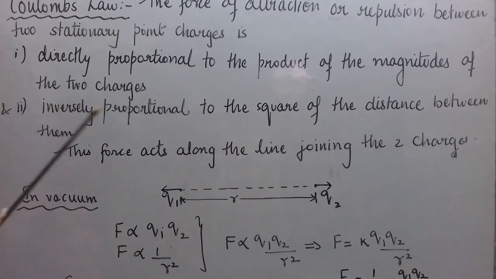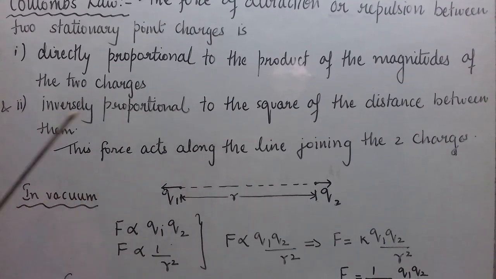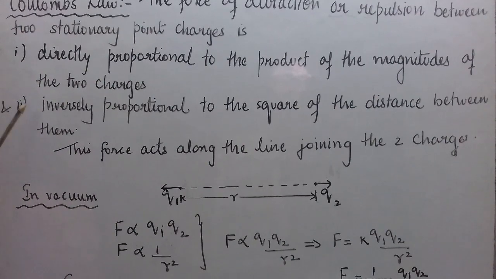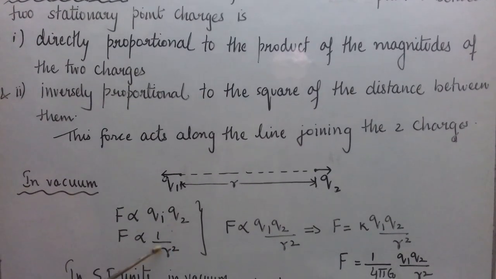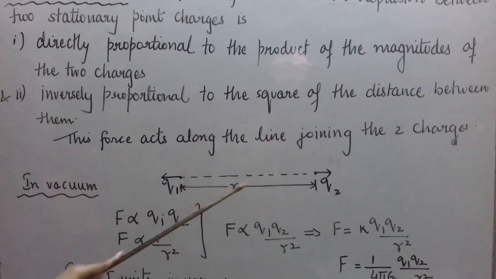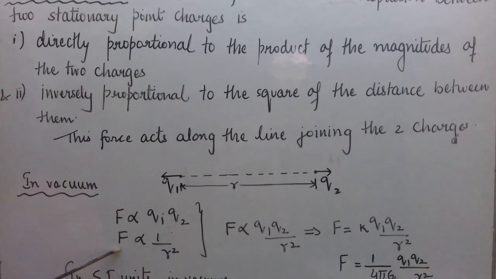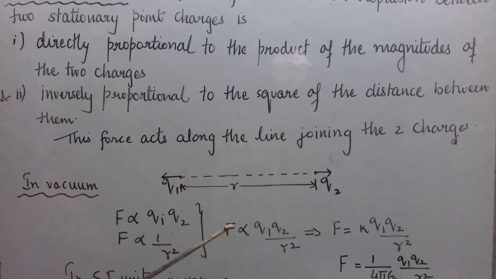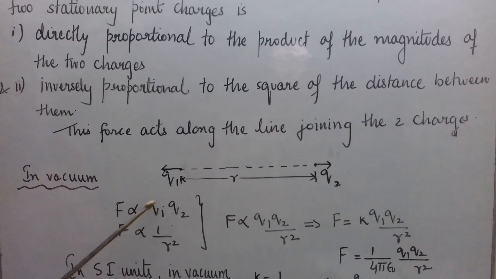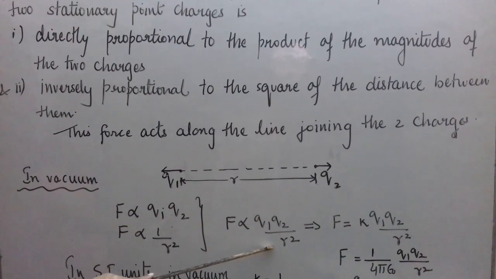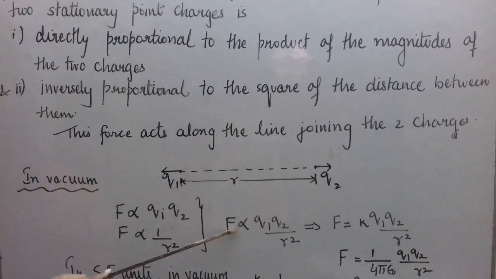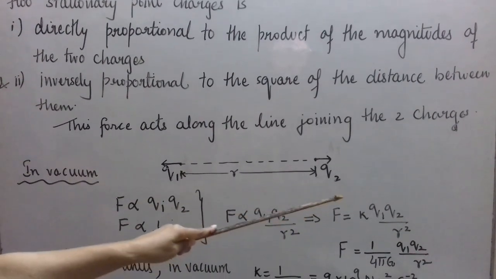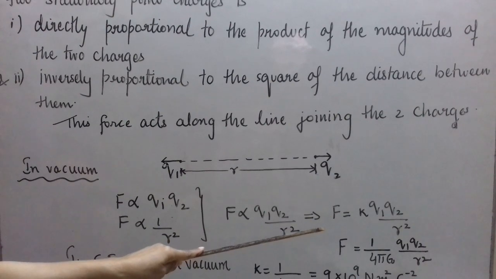And it is inversely proportional to the square of the distance between them, so F is inversely proportional to r square, where r is the distance between the 2 point charges. When we combine these two, we get F proportional to Q1 Q2 divided by r square. And when we put the equality sign, we get F equal to K Q1 Q2 upon r square.